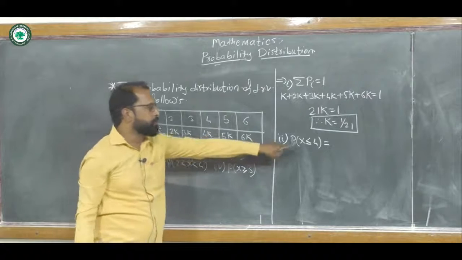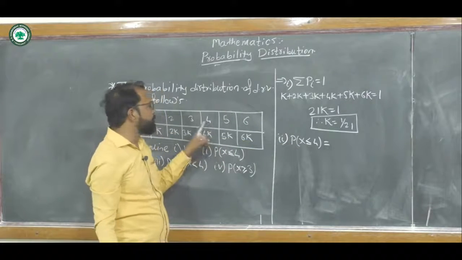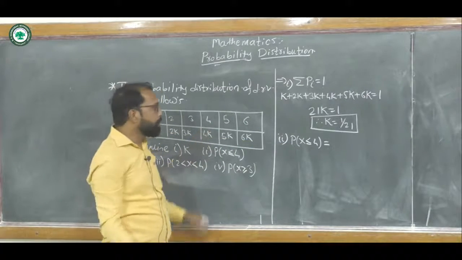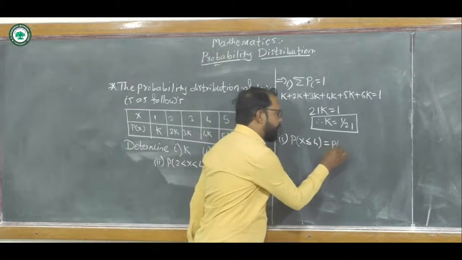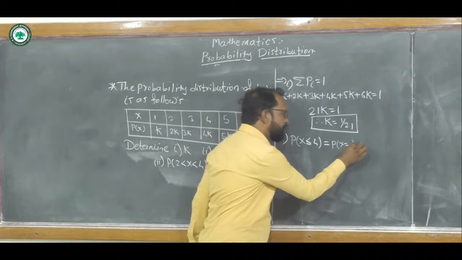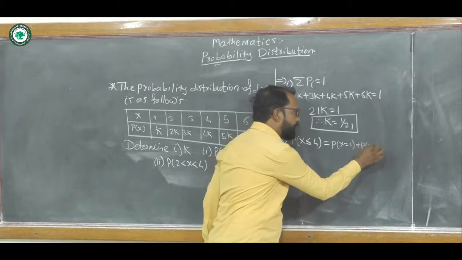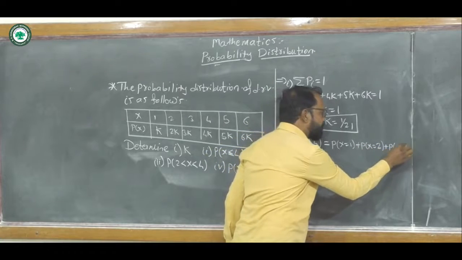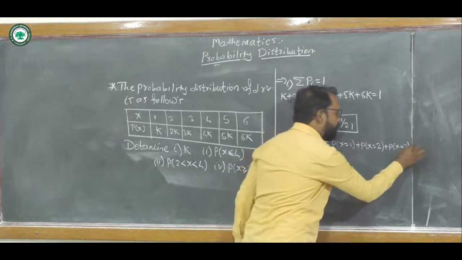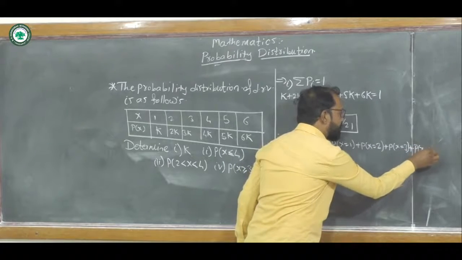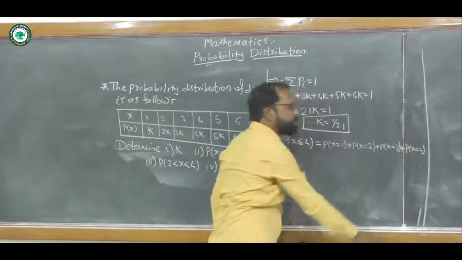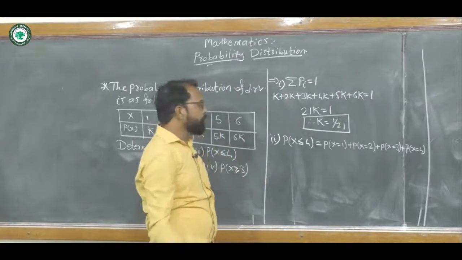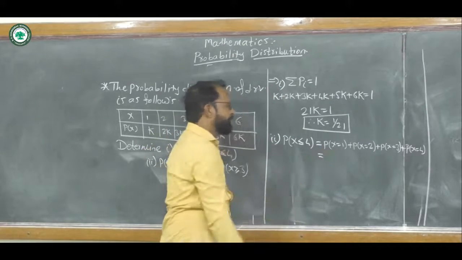Here the equals to sign is also given, so we also consider 4. So this can be written as probability of x equals 1 plus probability of x equals 2 plus probability of x equals 3 plus probability of x equals 4.